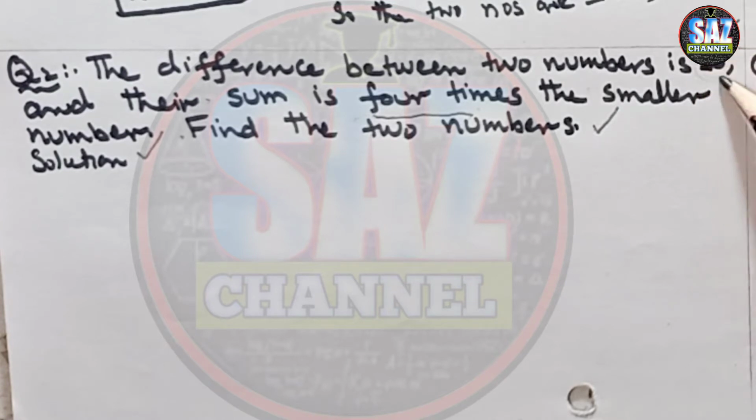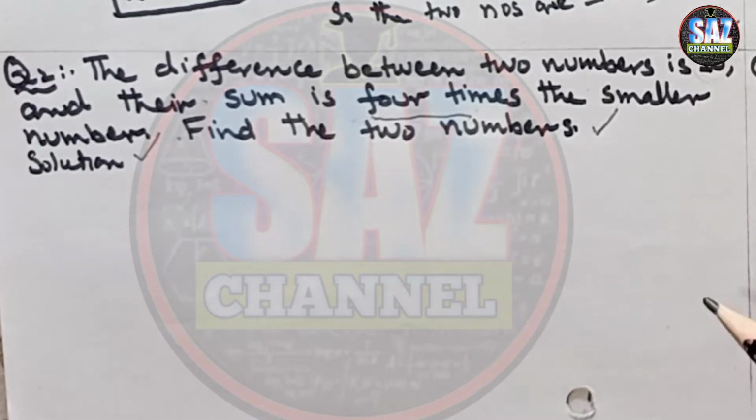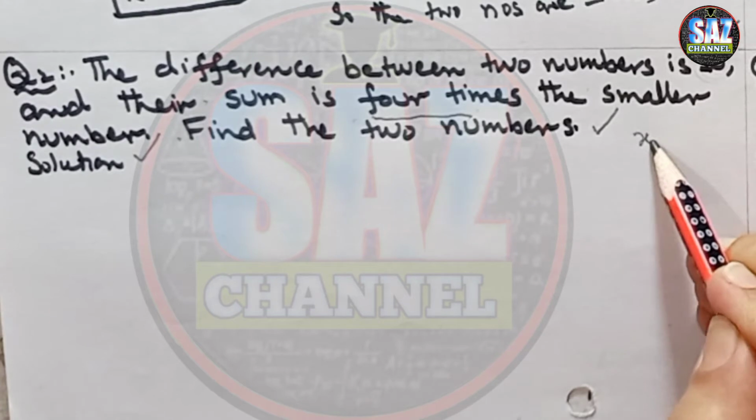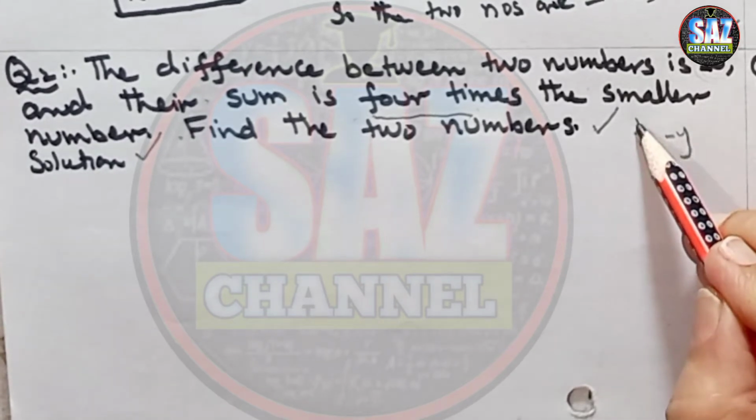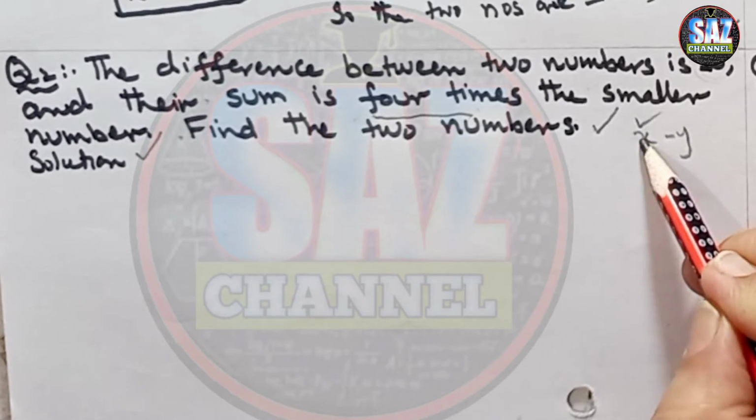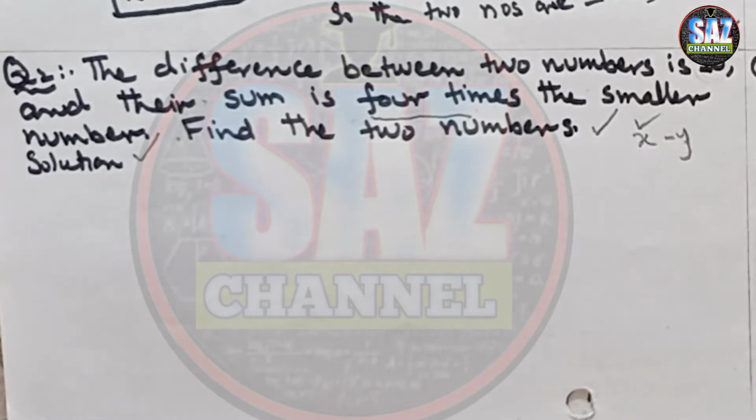So we have to choose that the two numbers are x and y, and we have to decide which number is the bigger number and which number is the smaller number. When I'm writing x minus y, it means that x is the bigger number and y is the smaller number.